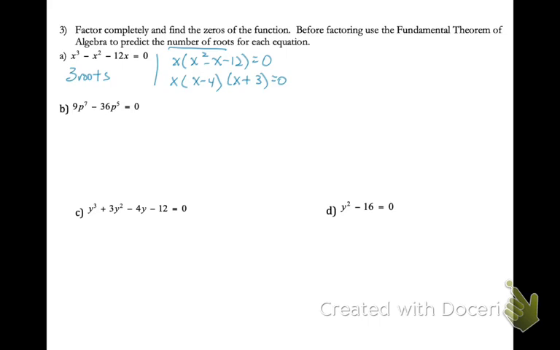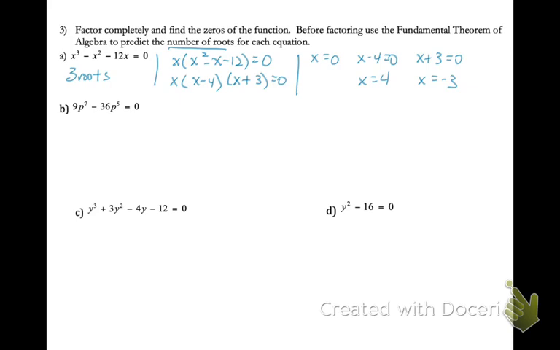So that's negative 4 and 3. So it will factor as x minus 4 times x plus 3. Now what we'll do to find the zeros is set each of those factors, including the x, equal to 0 and solve. So our 3 roots are 0, positive 4, and negative 3.